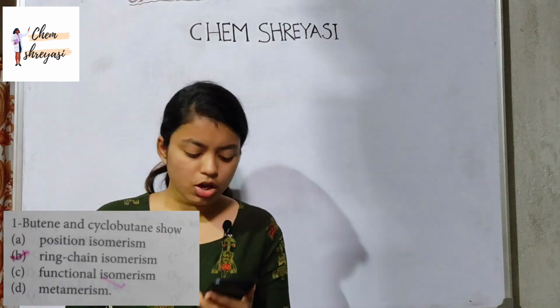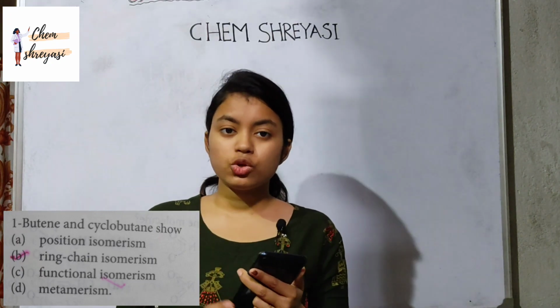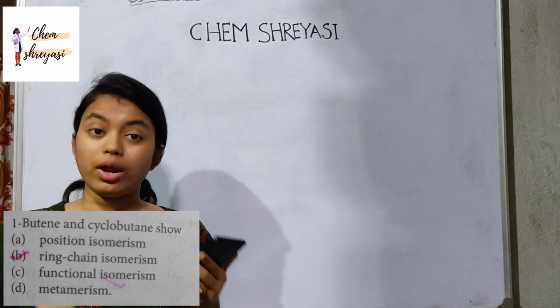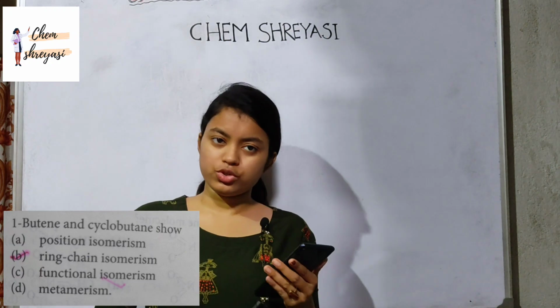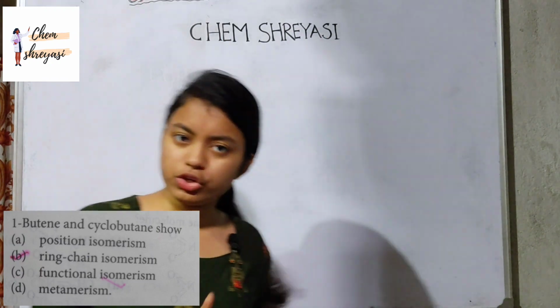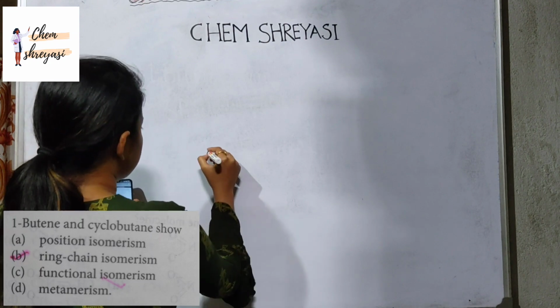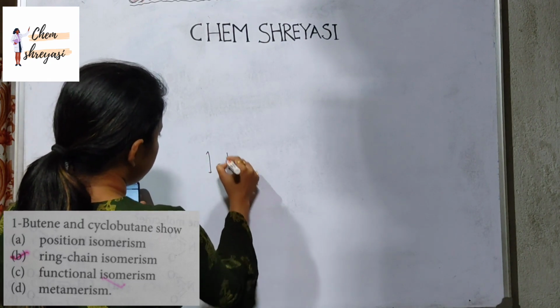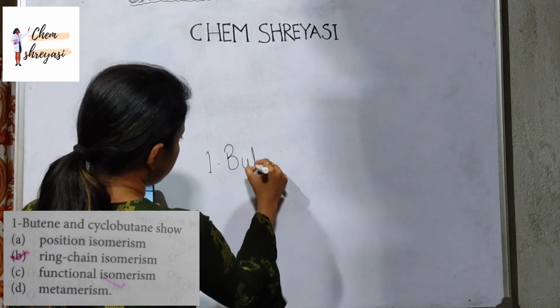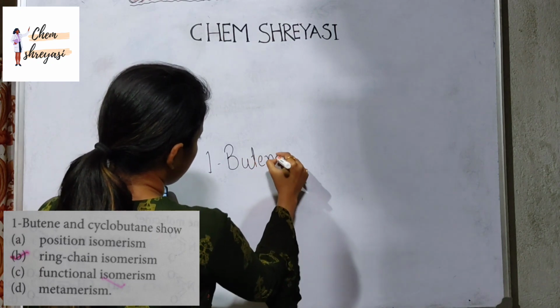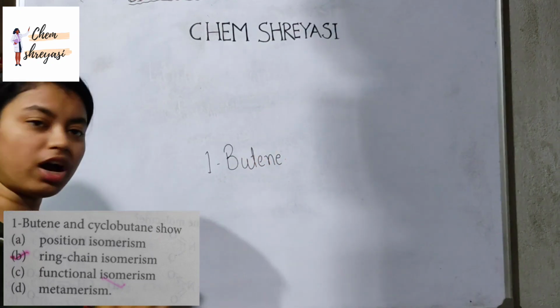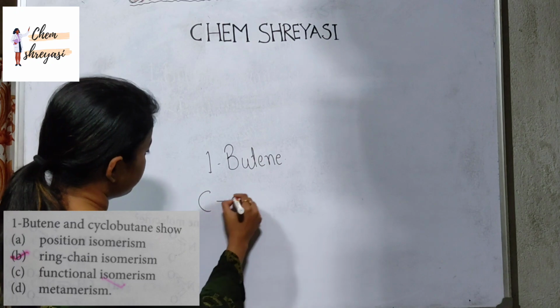Now our question is, what is the isomerism that exists between 1-butene and cyclobutane? Let me write the structure of both of these chemical compounds. It's 1-butene. Butene means 4 carbon, so let me write 4 carbon first.